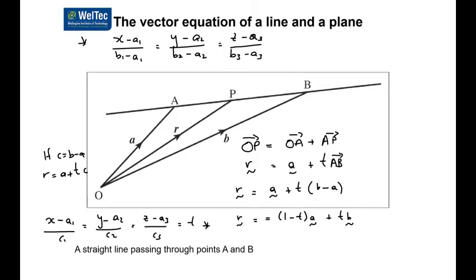And all of that's going to be equal to T. And A obviously was A1, A2, and A3, and B was the same for B. We'll do some examples of this in class.